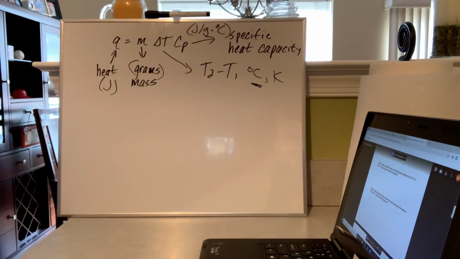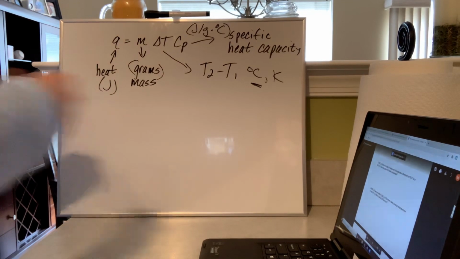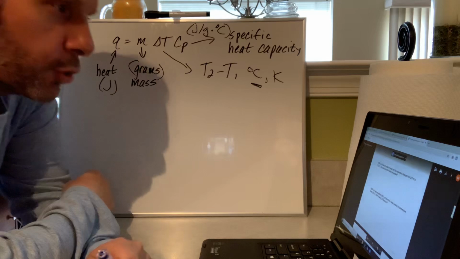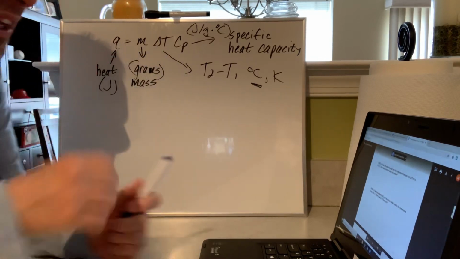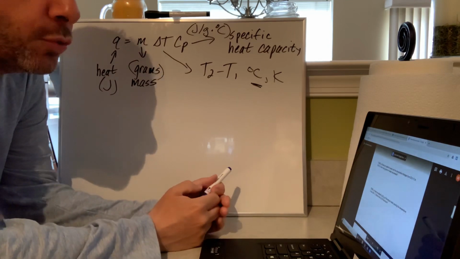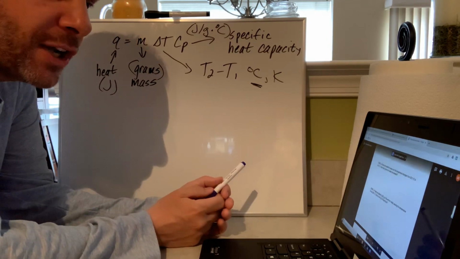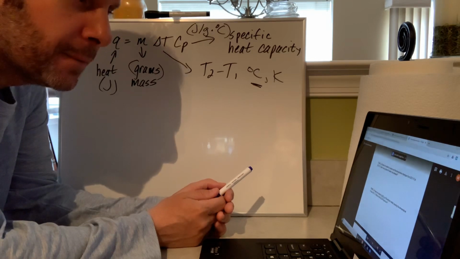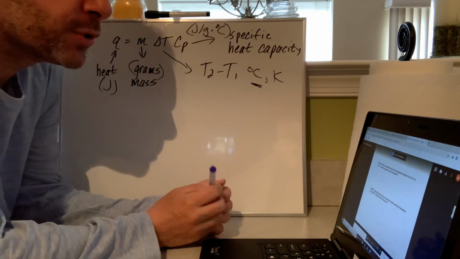Let's just figure out what this answer is before we move into some of the more intricacies. It says 31,380 joules of heat, that's our Q value, are added to water, and the temperature changes from 20 degrees Celsius to 50 degrees Celsius. How many grams of water are present?